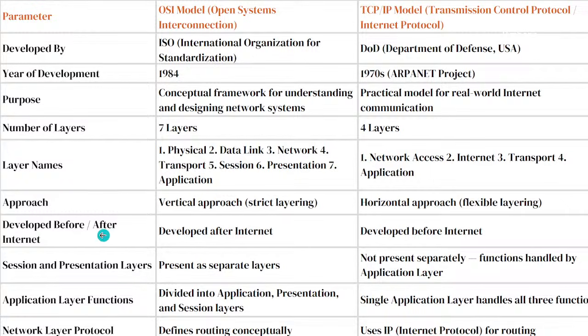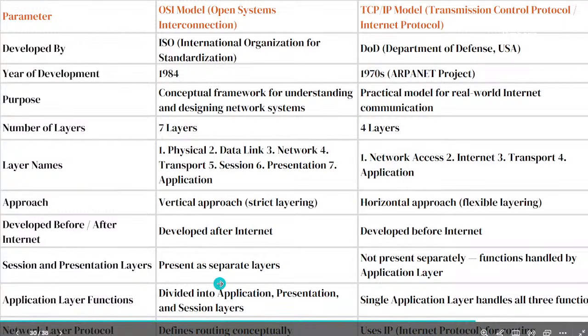When it comes to developed before or after, we can say the OSI model was developed after the internet. Internet actually came, as we said, in the 1990s, right? Before that, the TCP/IP model was there, because TCP/IP came along with the ARPANET project. So we can say TCP/IP was the initial one, and OSI came after the internet invention.